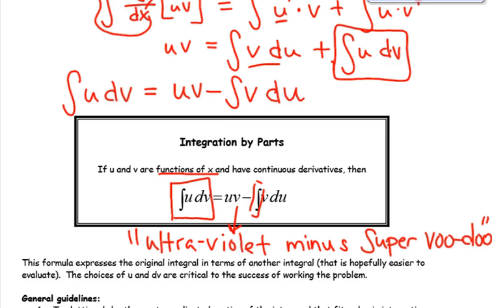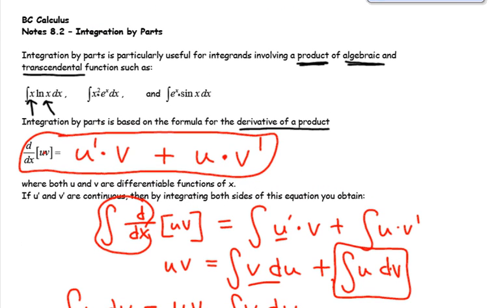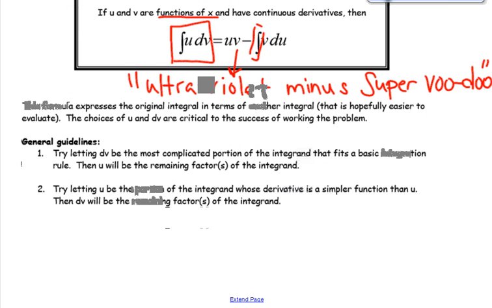All right, so this formula expresses the original integral that I'm given. So again, what I'm going to be given is an integral such as, at the very beginning, x times the natural log of x. But using this integration by parts, this kind of fancy substitution method, expresses the original integral in terms of another integral.